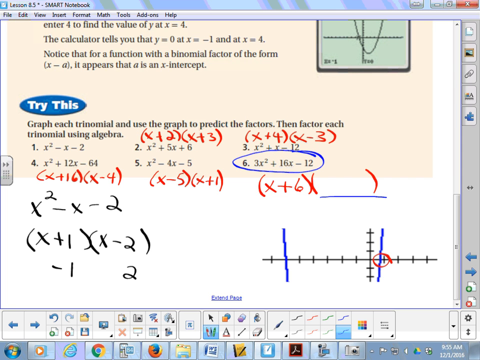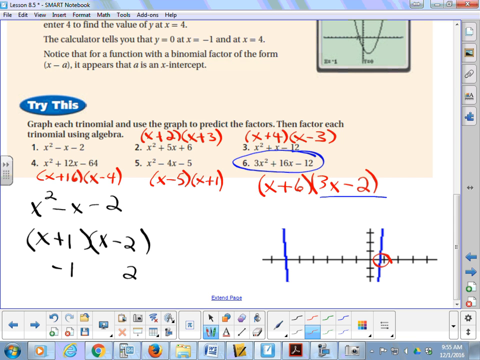So, x times what is 3x squared? 3x. So 3x goes here. And 6 times what equals negative 12? Negative 2. There we go. We just factored it.